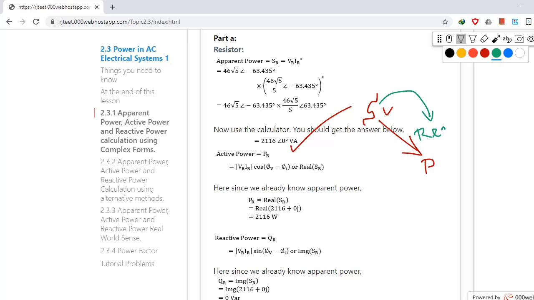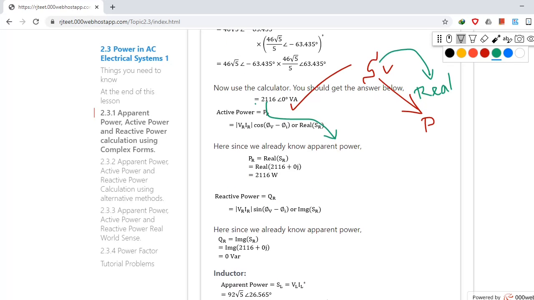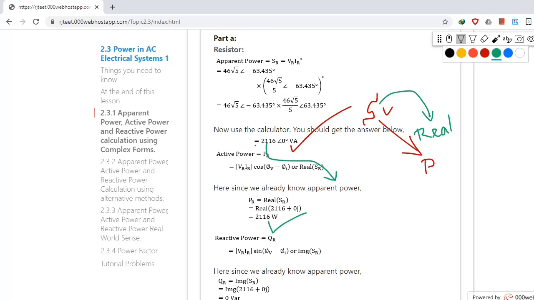I know the whole number is a real value. So therefore my active power would be 2116 watts.